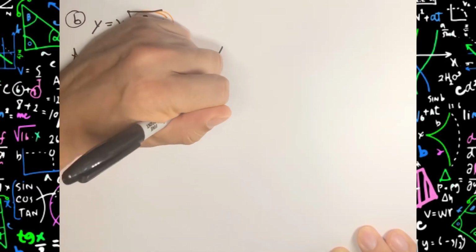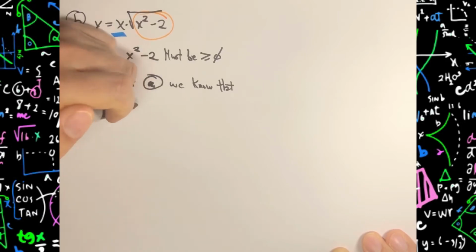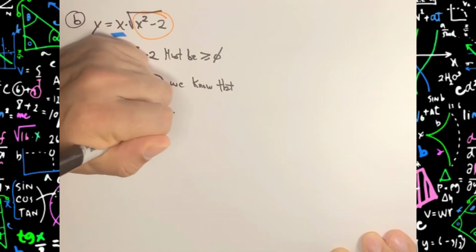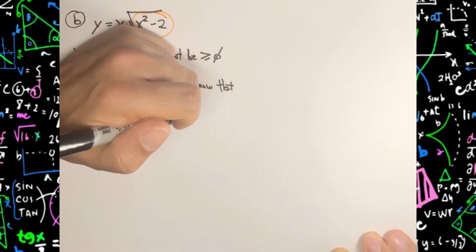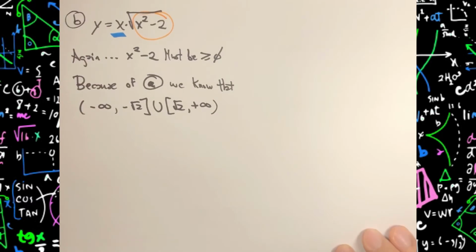So because of A, we know that minus infinity to minus square root of 2, union with square root of 2 to plus infinity, is the interval of existence.